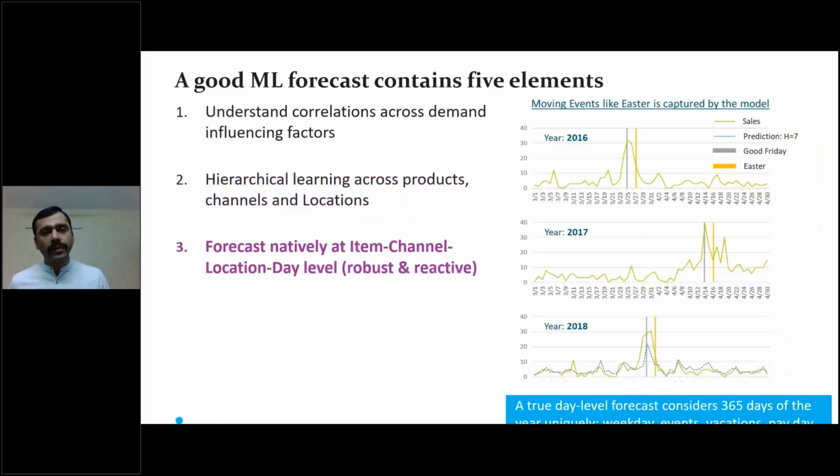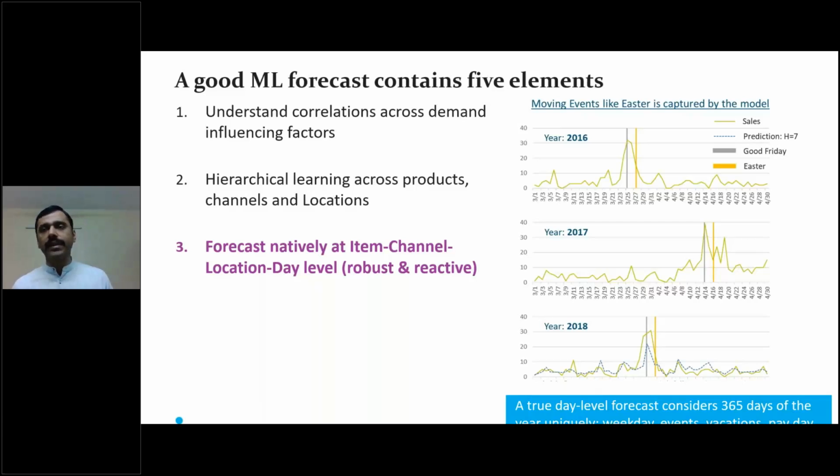The third element here is, again, a traditional approach would start looking at forecasts at a higher time dimension, say a weekly forecast or a monthly forecast, and then breaking it down to a day level. But a good ML forecast should have the capability to actually consider the data and create a forecast at the day level natively.